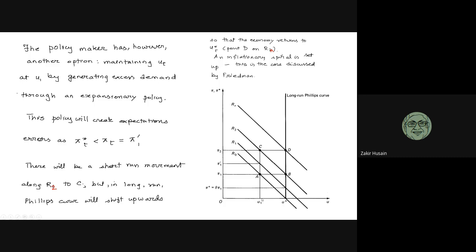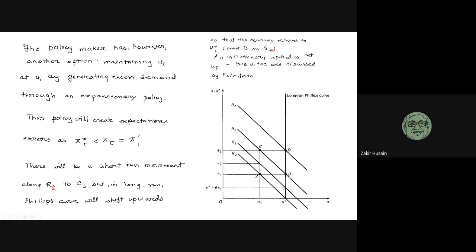So the target is to maintain unemployment at U1. Again, they embark on an expansionary policy. This creates expectation errors: pi star t is less than pi t. So what happens now is there will be a short run movement along this Phillips curve.